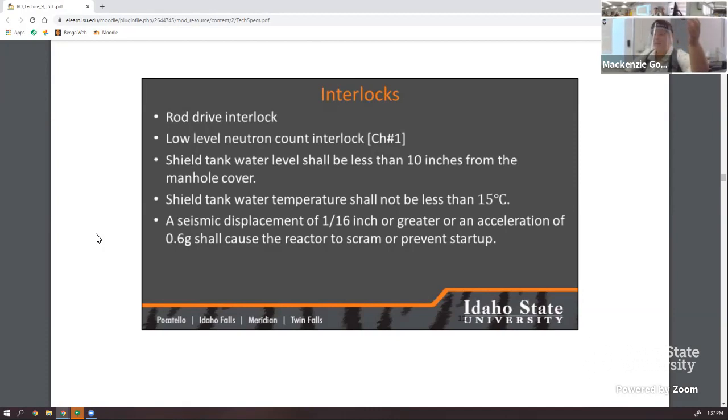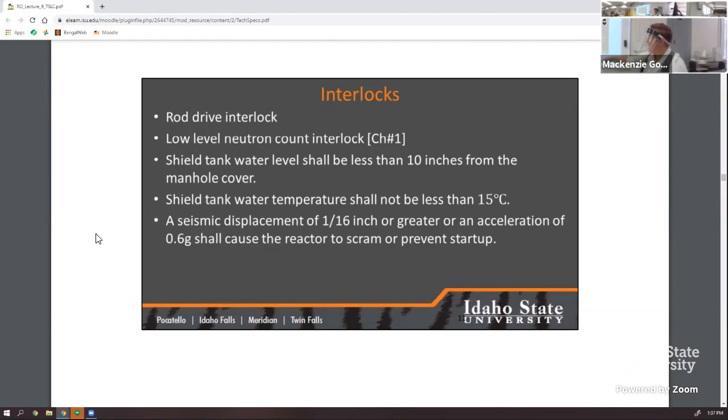We would pass one of our limiting conditions for operation, and we'd be in violation of our TSR if we started up. So they did a calculation and said, as long as it's 15 degrees Celsius or warmer, we're fine. So there's an interlock on a temperature, bimetallic temperature strip in the reactor water tank.